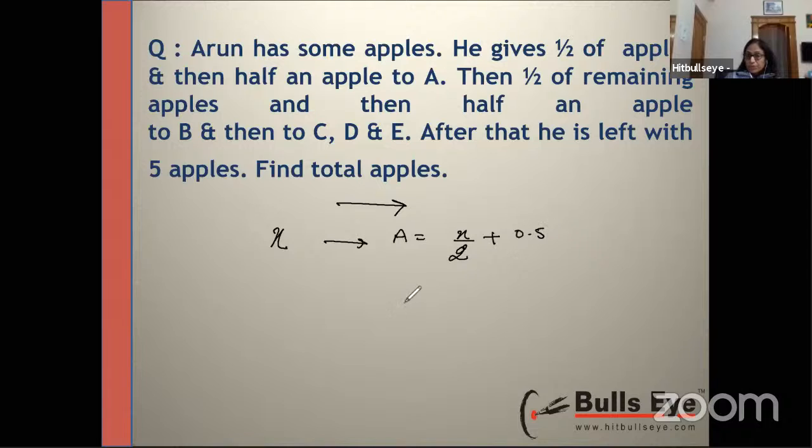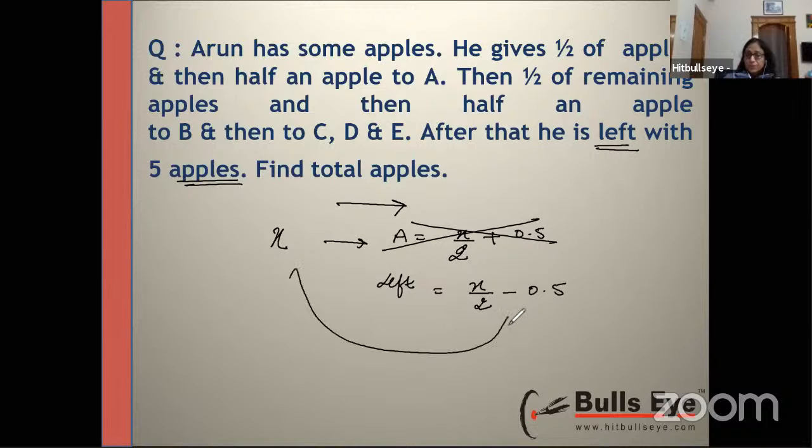So don't focus on what A is carrying. Focus on what is left with you. After giving away these many apples to A, what is left with me? I was left with half of my apples, but then I got short of another half because I gave this also to A. I want to come back from here to here.